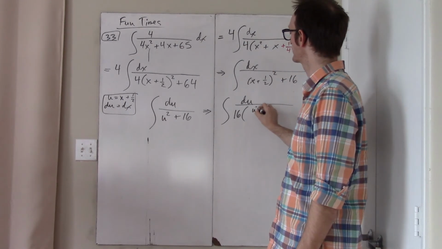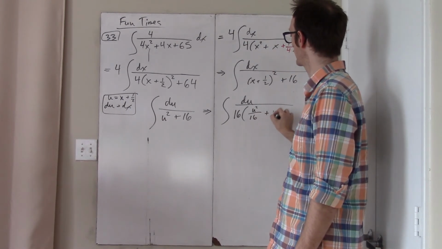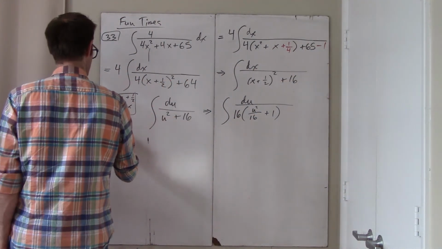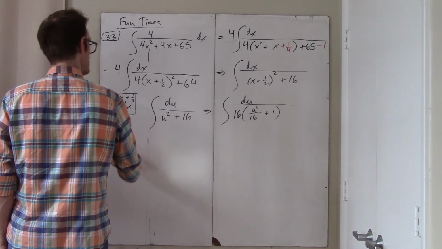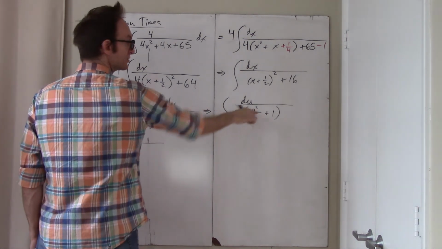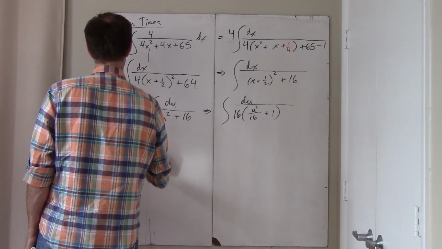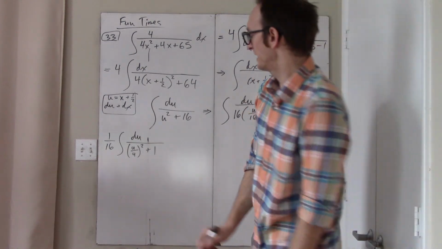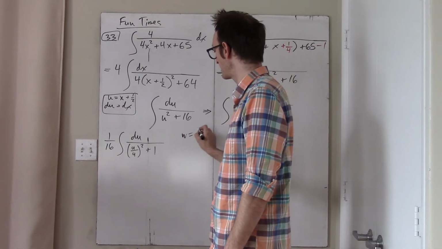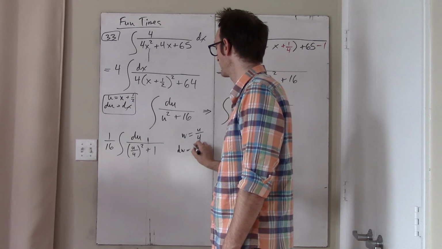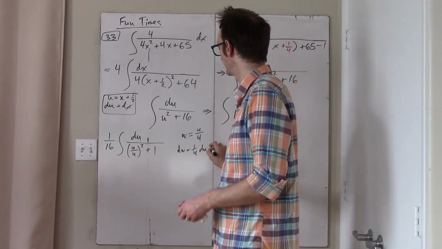So that gives me u squared over 16 plus 1. Take that 16 out, so that's 1/16. Then I get du over, and rewrite u squared over 16 as u over 4 squared plus 1. And finally, I let w be u over 4, so that dw is 1/4 du.